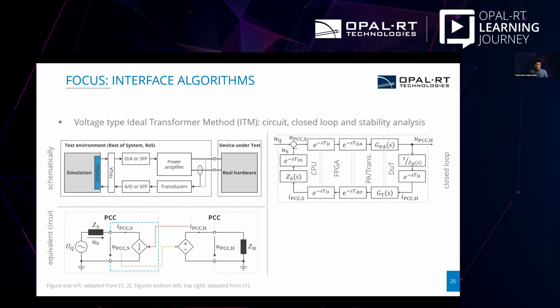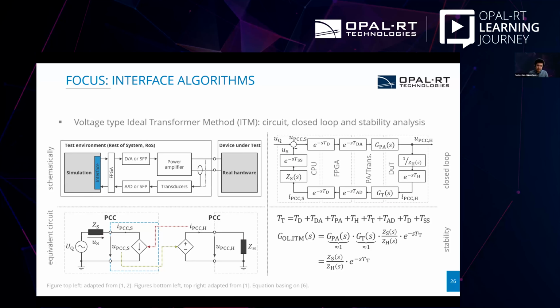So for now, based on this control loop, for assessing the stability of the loop, typically one approach is to use the open loop transfer function, which for this case can be given as seen here. The open loop transfer function is composed of the transfer function of the power amplifier, of the transducer, and in this case of the software and hardware impedance, or the ratio of those two impedances, and some delay time, which is the sum of the delays in the overall loop.